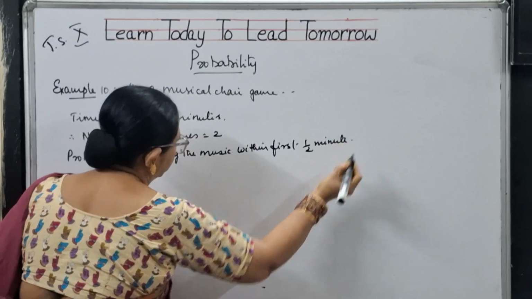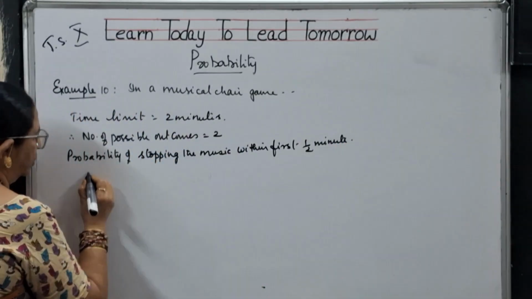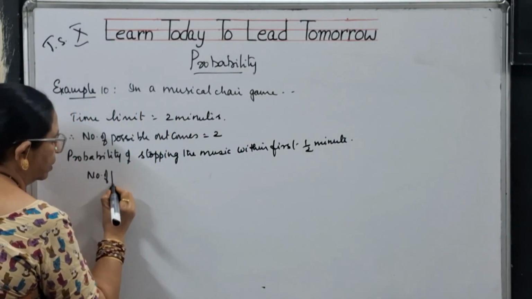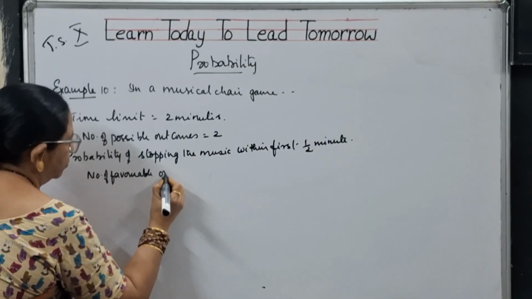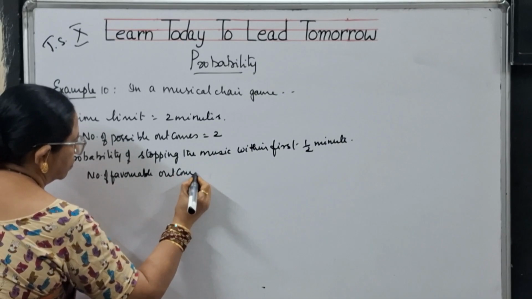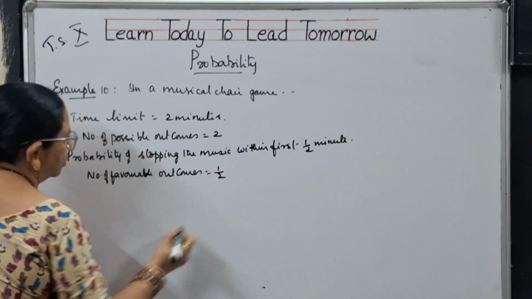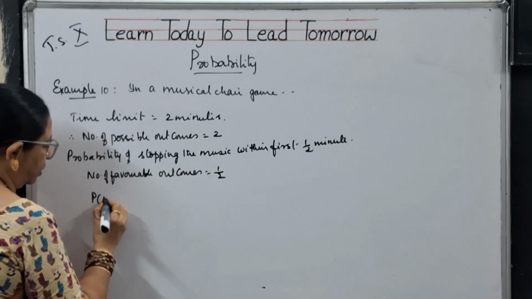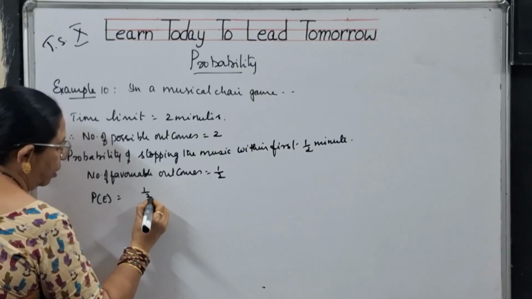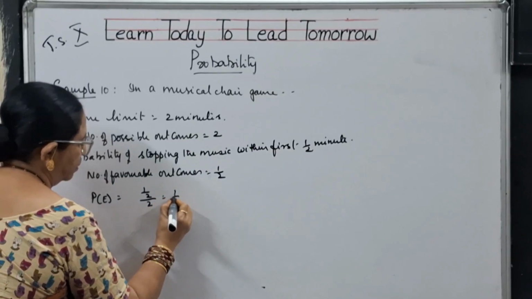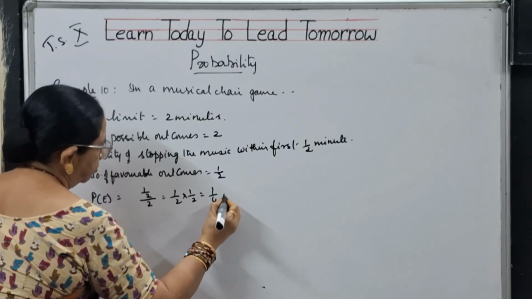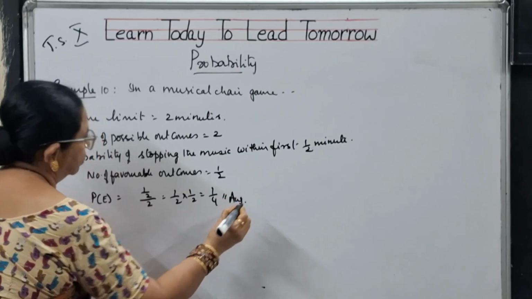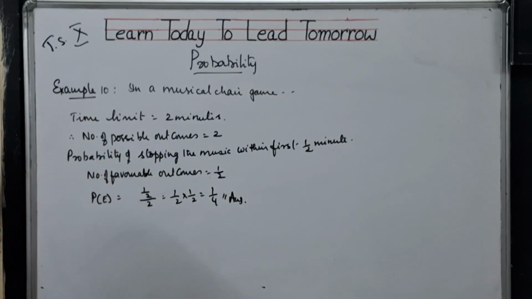This is what we have to find out. That means the number of favorable outcomes is equal to half. So the probability of the event is nothing but half by 2, that is 1 by 2 into 1 by 2, which is 1 by 4. That's all, children. 1 by 4 is the answer for this problem.